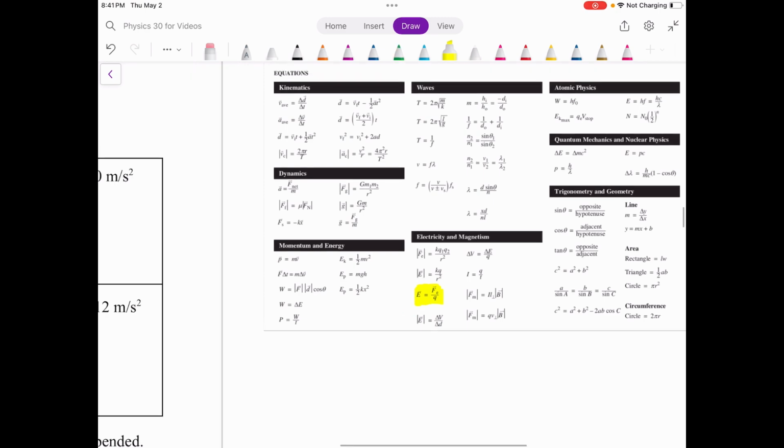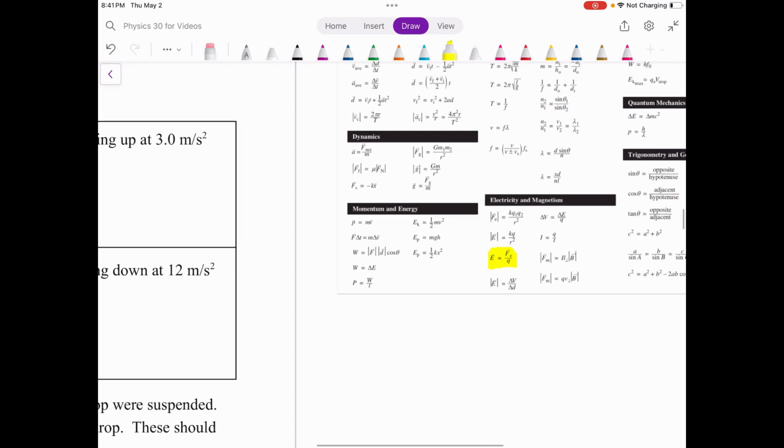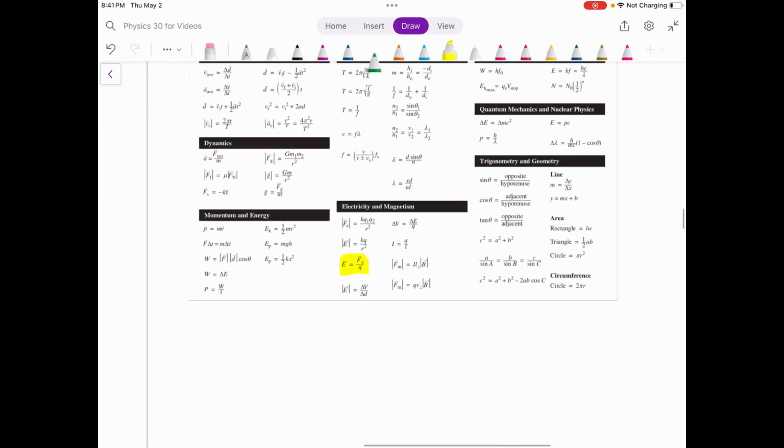Now again, Millikan didn't necessarily directly measure the electric field, but he did know the voltage, and that was easily measured and easily adjusted. So the voltage, if he knew that, and the distance across the plates, well, that's very easily measured. You could do that with a ruler. So he essentially did have the electric field, right?